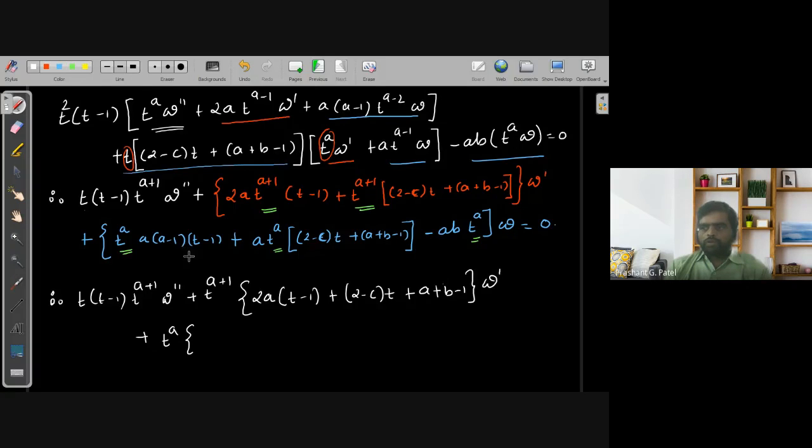What we will get here is a into a minus 1 into t minus 1 plus a into 2 minus ct plus a plus b minus 1 minus ab, into w equal to 0.